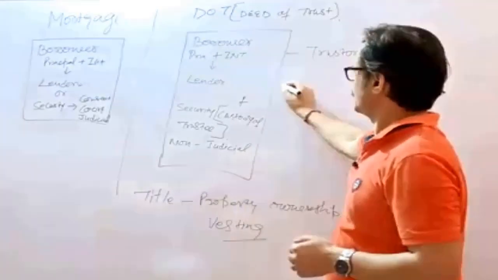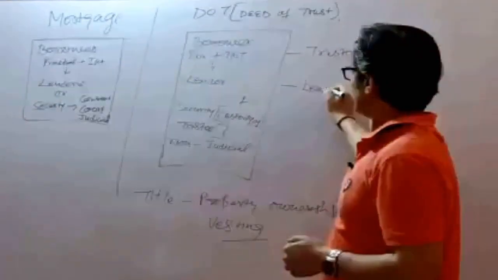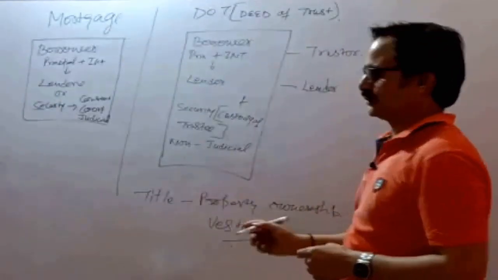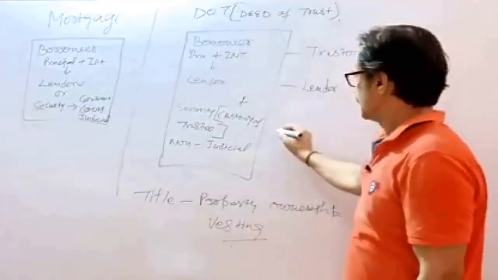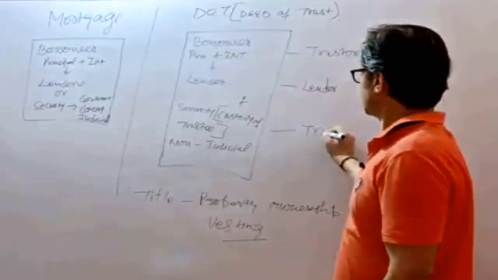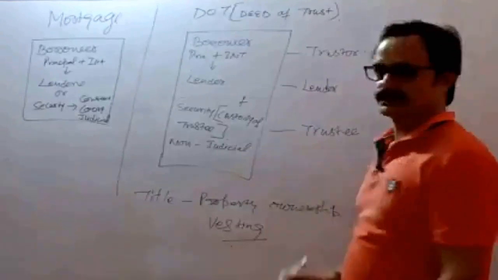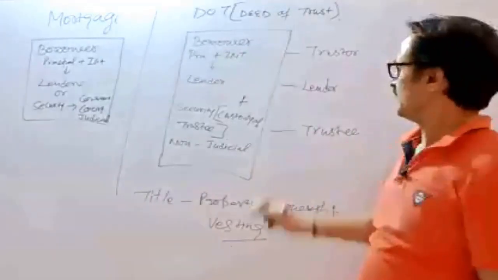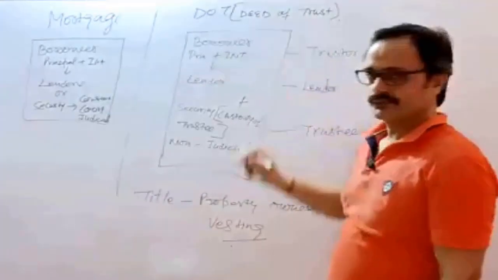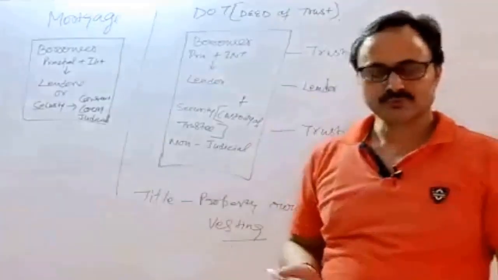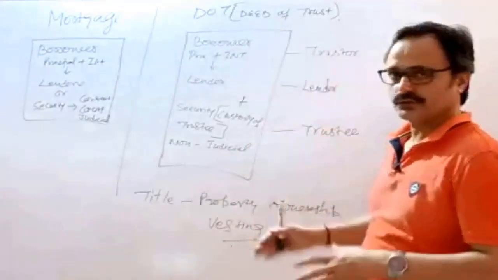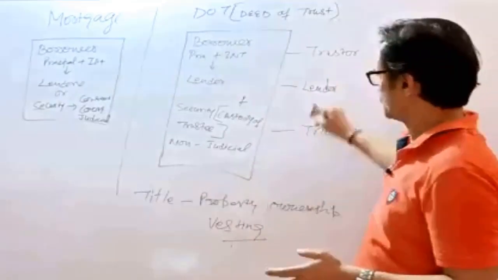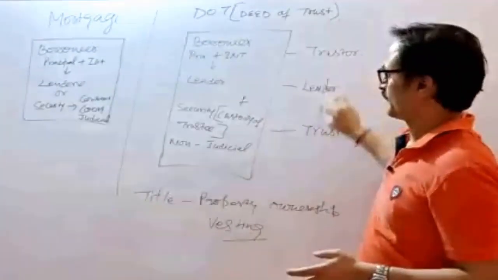Then the lender is the lender, right? It will be shown that he invested such money in this property. And there is a third party, the trustee. So the trustee is like the custodian of the property. So if the borrower wanted to sell this property to someone else, he needs the consent of the trustee, or first needs to release the property from the lender.